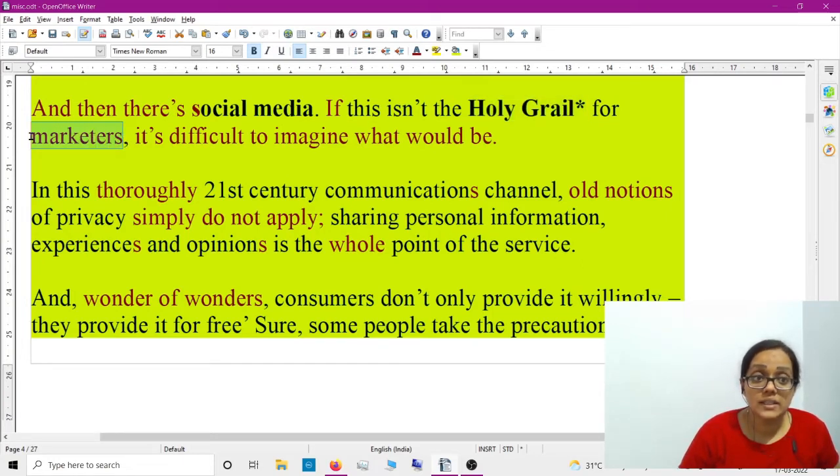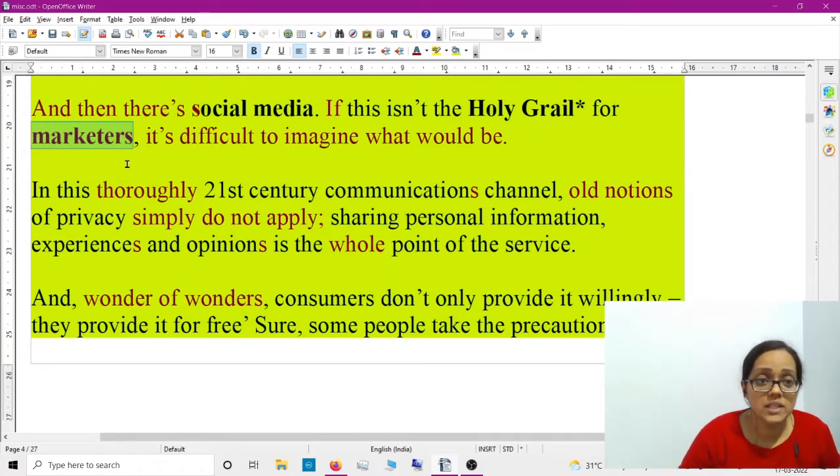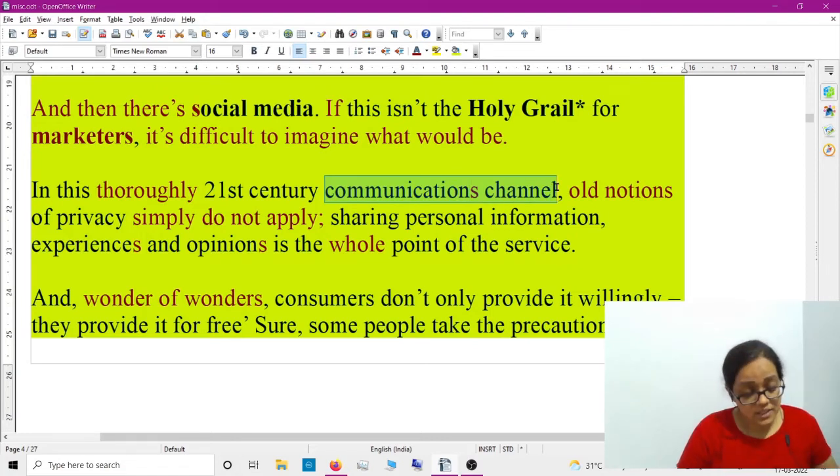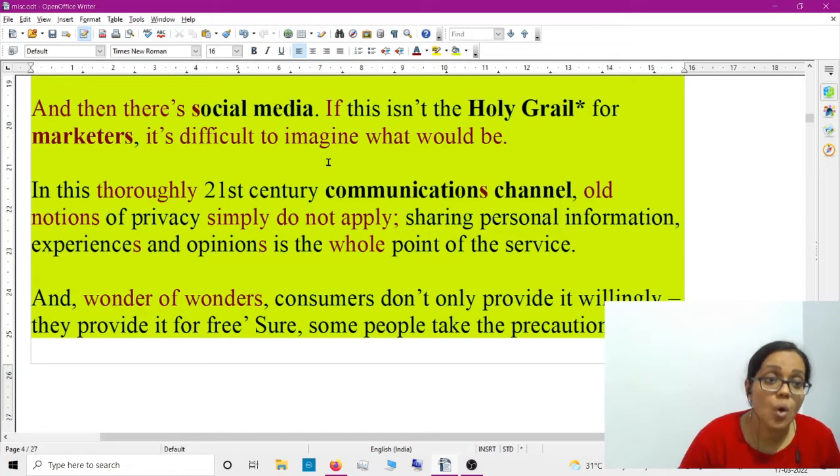So marketers, okay, business people, right? Marketers, it's difficult to imagine what will be. It is thoroughly 21st century communication, social media, or you can say communications channels. Okay, always use paraphrase synonyms. Okay, in these thoroughly 21st century communication channels, old notions, old ideas of privacy simply do not apply.